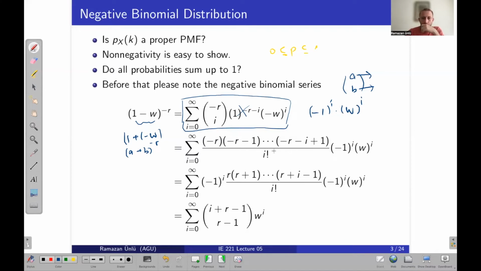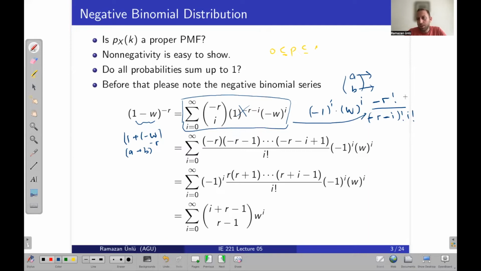So if I open this one as minus r factorial divided by minus r minus i factorial times i factorial, right?